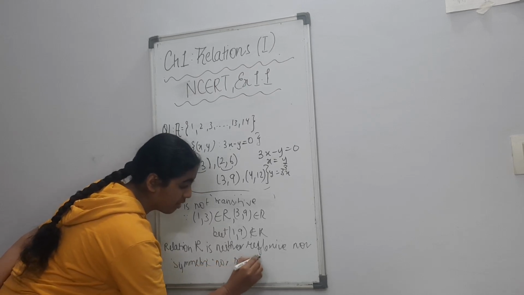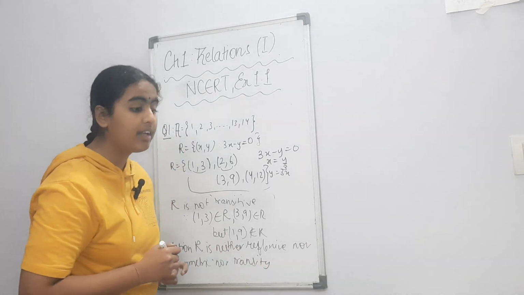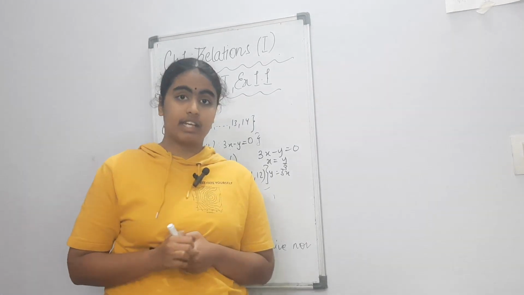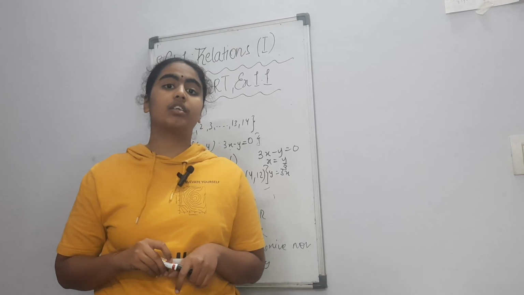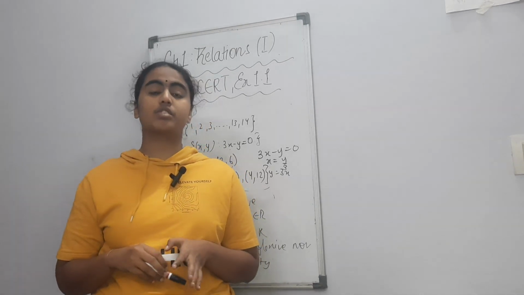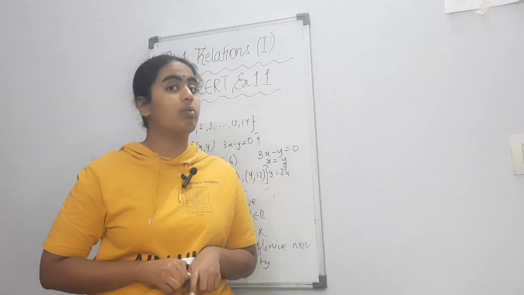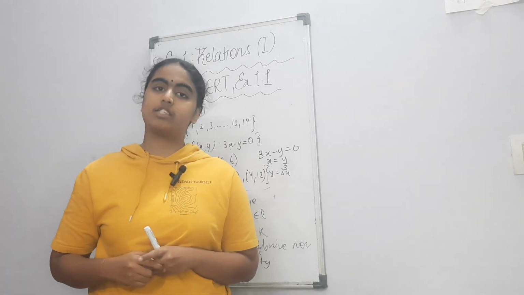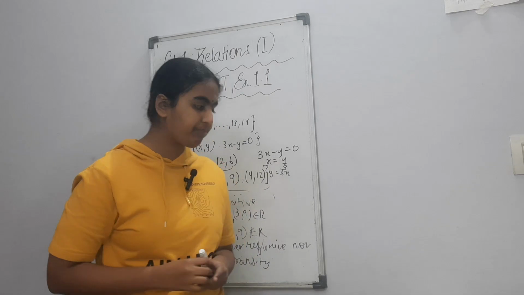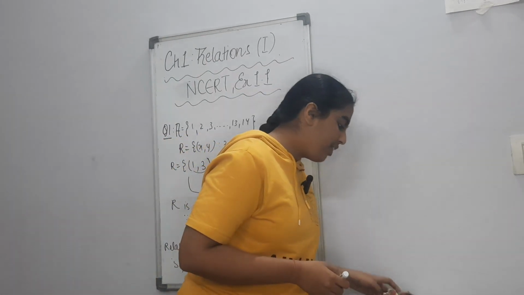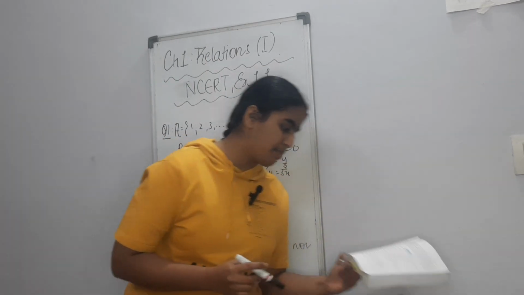This is one statement that you need to write, because in the question it is stated that determine whether the given relations are reflexive, symmetric or transitive or not. So you need to state whether they are or whether they are not, and you have to specify all three conditions.